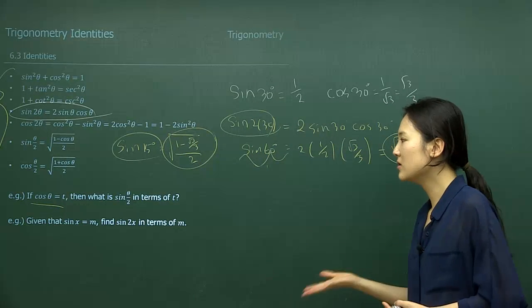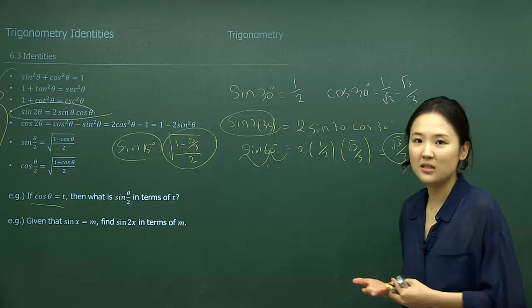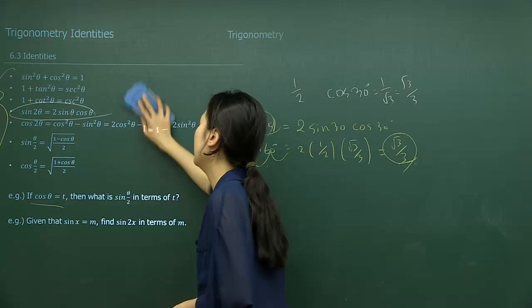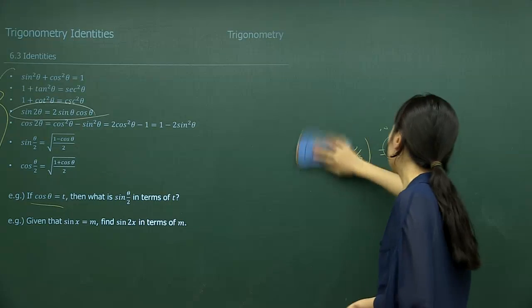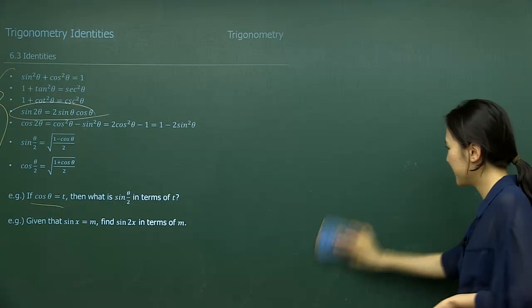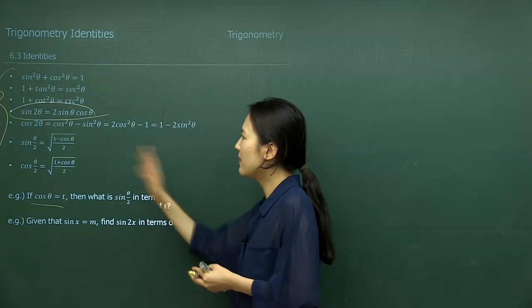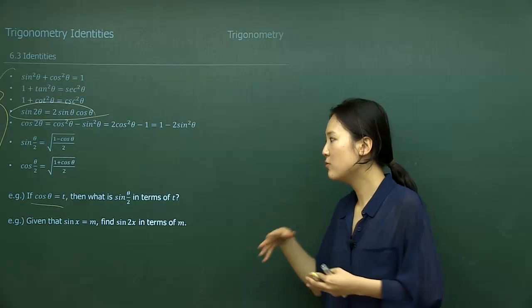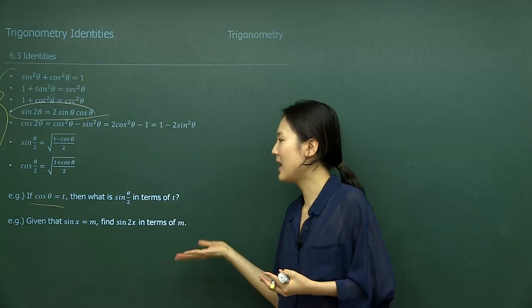So for those, if you do know the identity, it can really help you get the problem done faster. And sometimes you cannot do it without knowing the identity. So again, if it's given as a measurement, like a number, then you'd better use the calculator.